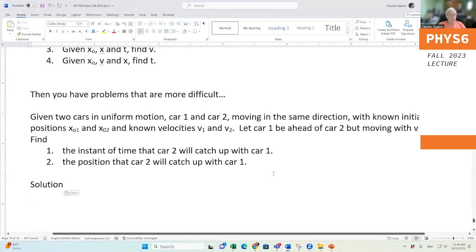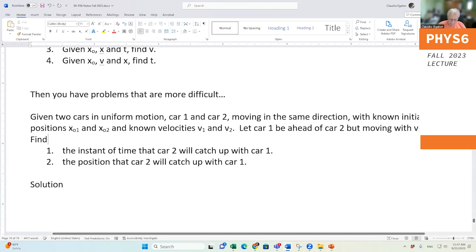Given two cars in uniform motion, car 1 and 2, they are moving the same direction with known initial positions, x naught 1 and x naught 2, and known velocities v1 and v2. Okay? Let car 1 be ahead of car 2, but moving with a velocity that's lower than the velocity of the other car. The speed of 1 is less than the speed of 2.